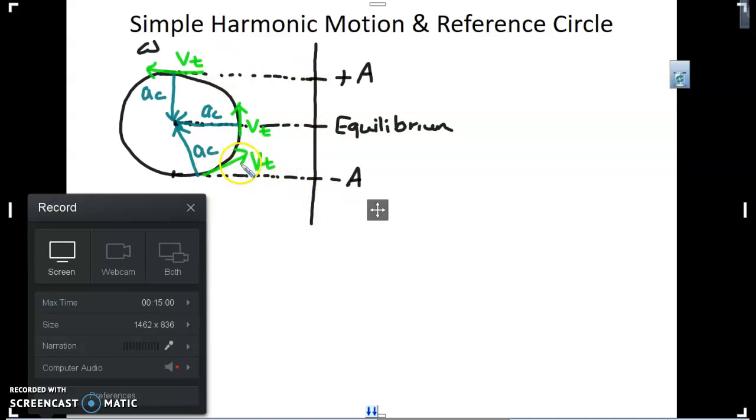The point being, we could break these vectors down. And so what you can see here is that you have a projected maximum x, or maximum negative x.